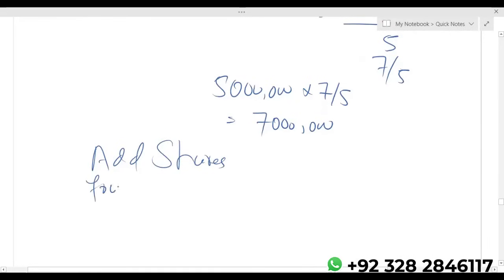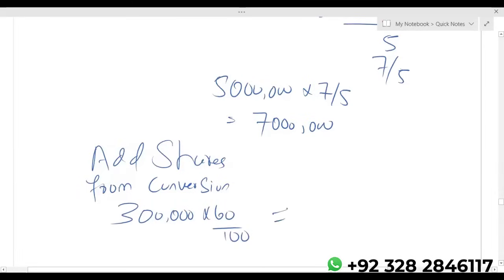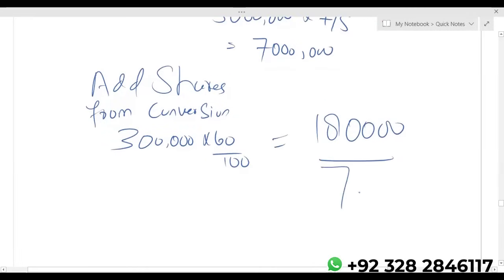On 300,000, the conversion ratio is 60 upon 100. So 3 lakh times 60 upon 100, I get 1 lakh 80,000. Add this to 7 million. So the total number of weighted average shares for diluted EPS is 7.18 million.